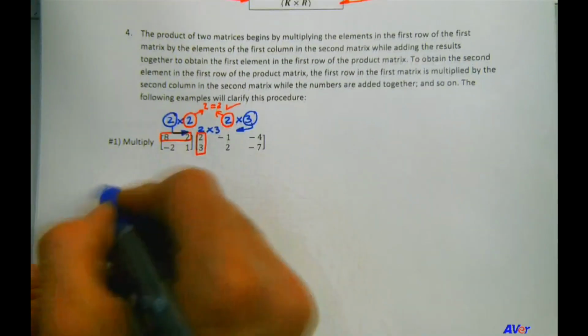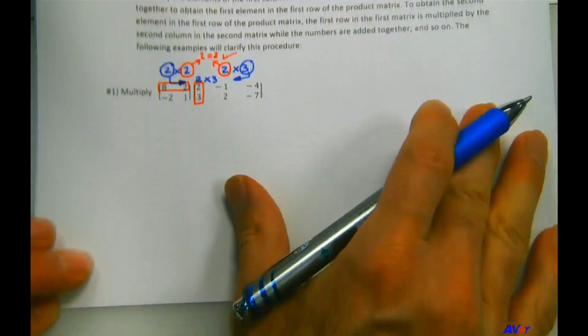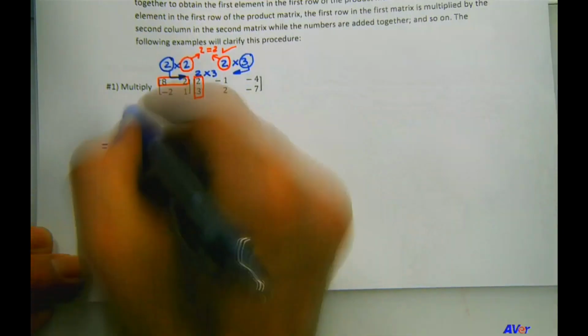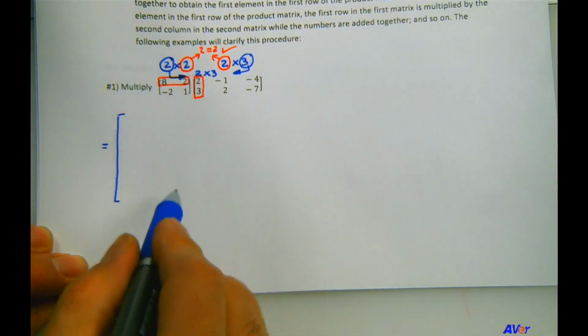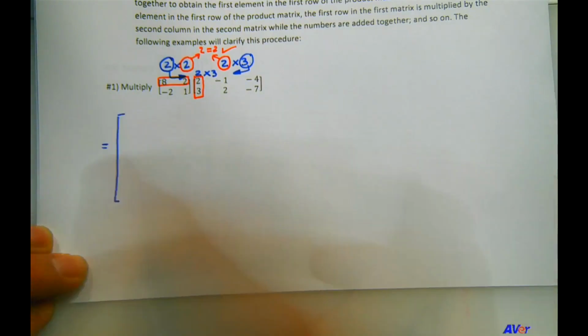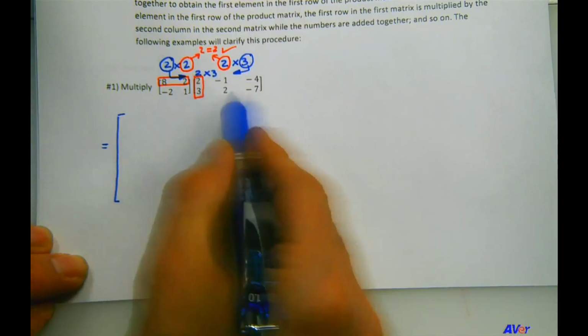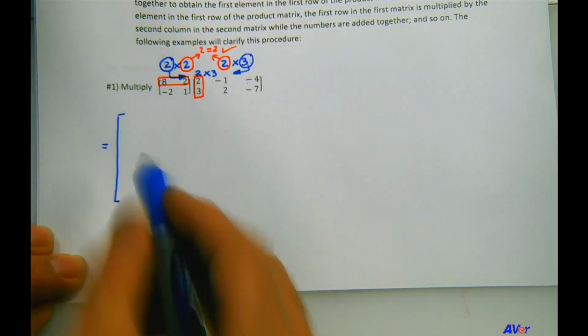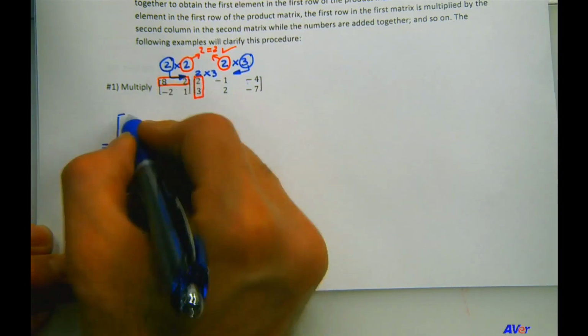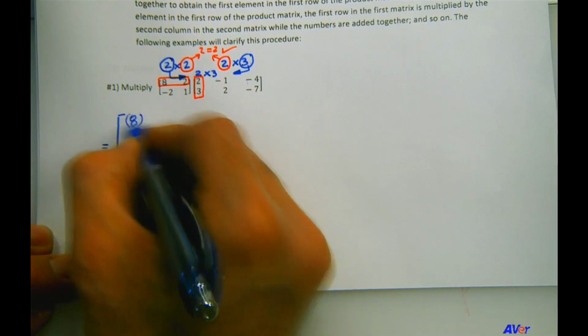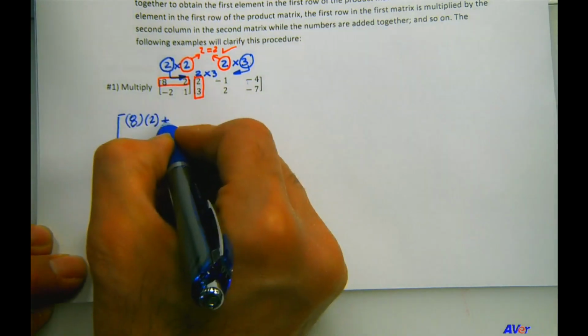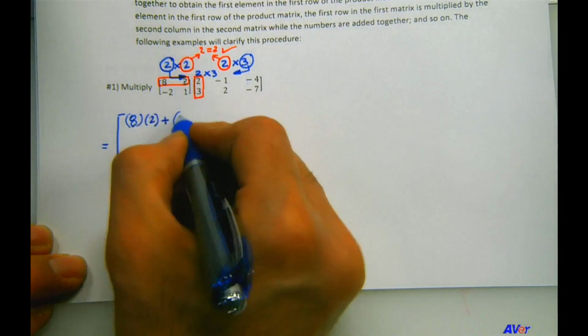So I'm going to put that resultant matrix here. And we know it's going to be a 2 by 3 matrix, right? This one. So 2 rows and 3 columns, just like this one. Okay, so 8 times 2 plus 2 times 3.